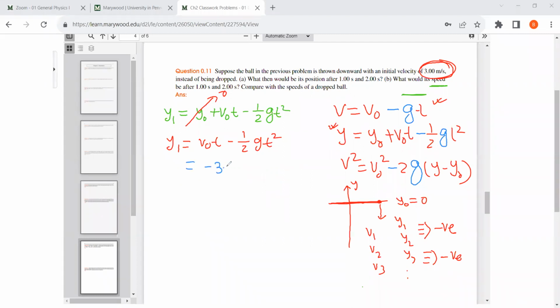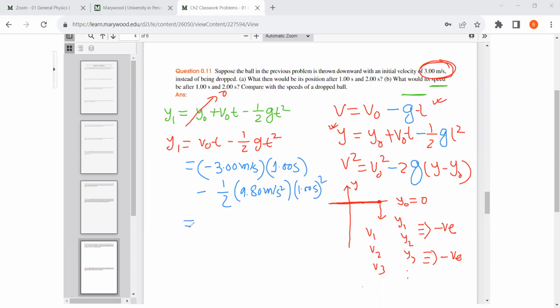So this is minus 3 meters per second times 1 second, minus half times 9.8 meters per second square, times 1 second square. So minus 3 times 1, and then minus half of 9.8.